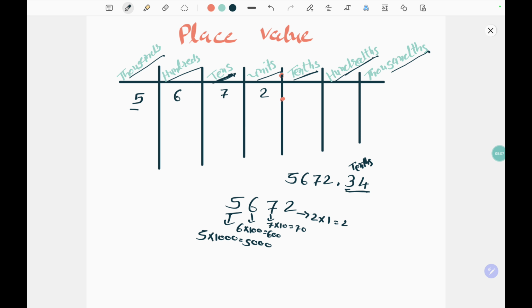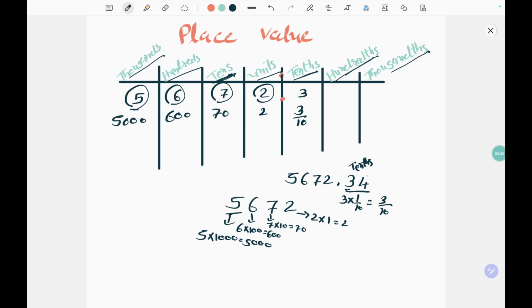So 3 tenths means 3 times 1 over 10. So here 2 is 2, this 7 we say 70, this 6 we say 600, this 5 we say 5000, because of the place value. And this 3 we can write as 3 over 10, 3 tenths.